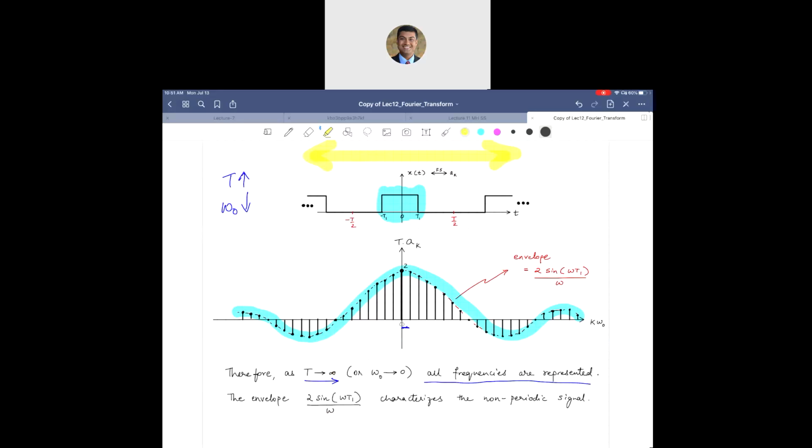If you are increasing T, you're not changing t1, you are just increasing T. You are essentially saying that the next pulse will come in at a later time, farther and farther out. You are increasing the time period to infinity. So as you change that, consequently, you are squeezing in all the frequencies. So the lower frequencies will now be represented.